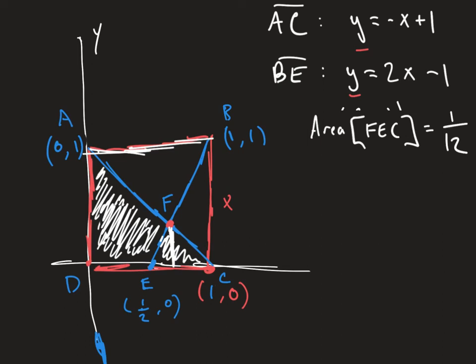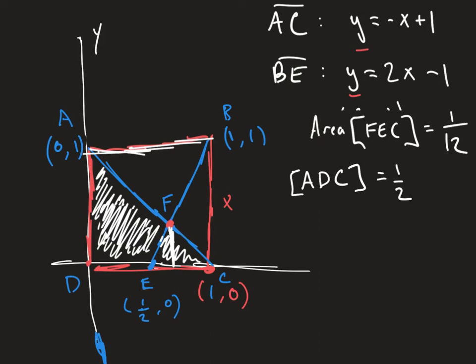Now let's try to find the area of the quadrilateral ADEF. We know that ADC is a triangle, and it's going to be half the area of our square ABCD, because the line AC splits it right down the middle. The area of our square is 1, so the area of triangle ADC is 1/2.